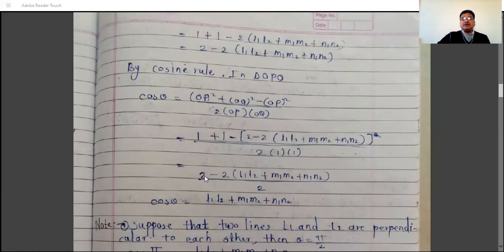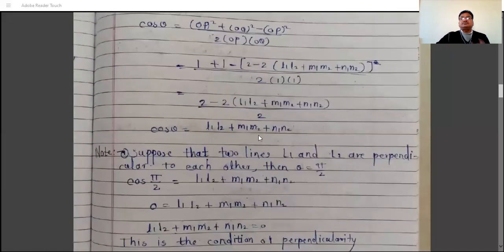The 2 by 2 get cancelled, and therefore we have cos theta equal to L1 L2 plus M1 M2 plus N1 N2, and this is the formula to determine the angle between two lines. What is the formula? Cos theta is L1 into L2 plus M1 into M2 plus N1 into N2.